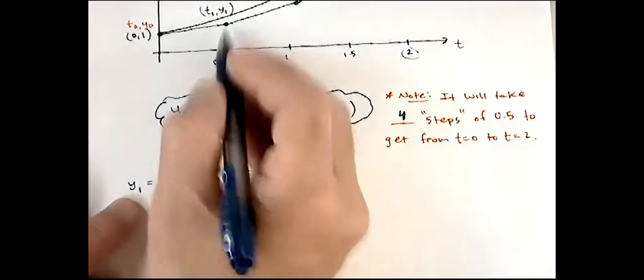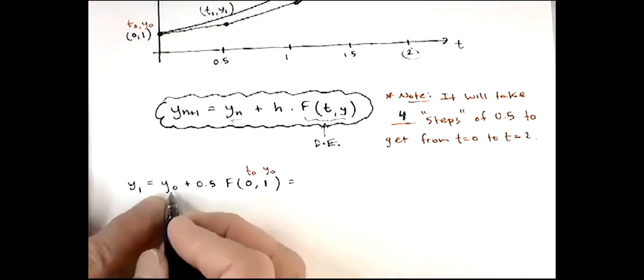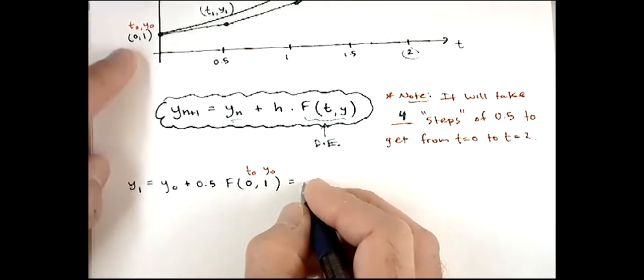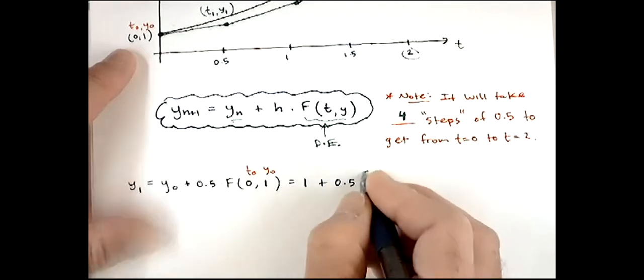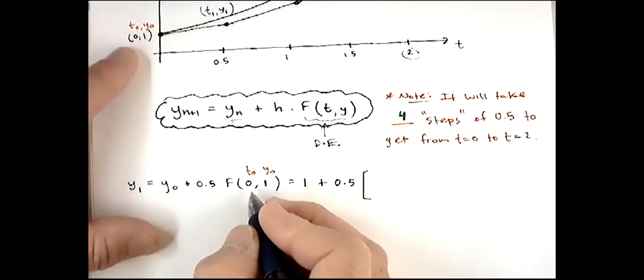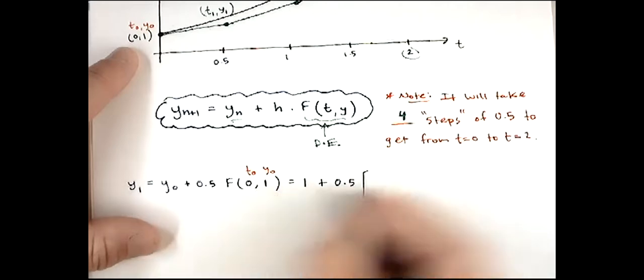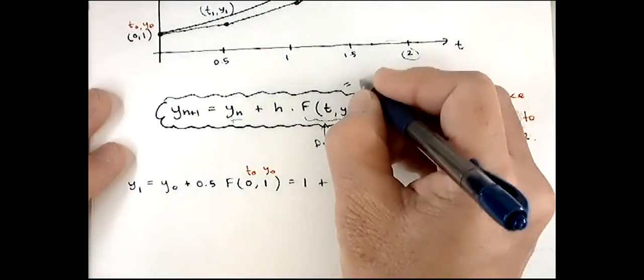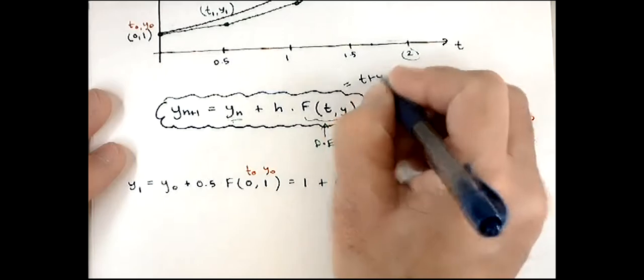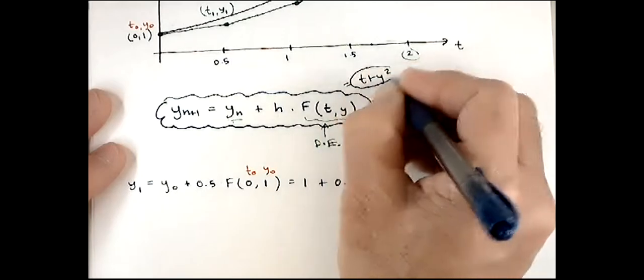But anyhow, if I want to find this first y1, what I would do is I would start with y0, which was my original y value of 1, plus 0.5, and then I plug this coordinate 0, 1 into my differential equation, which I'm going to write up here. It was t plus y squared. This was my differential equation.